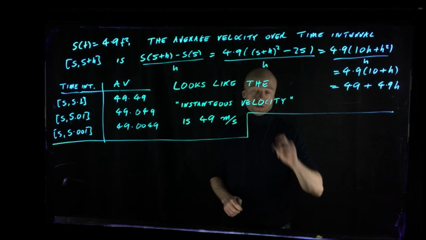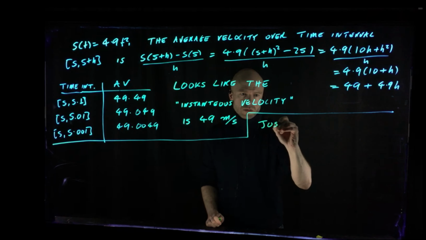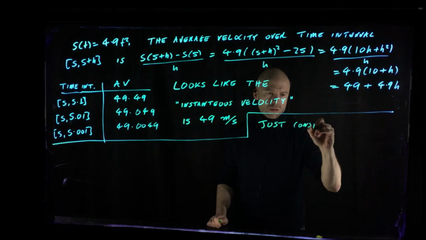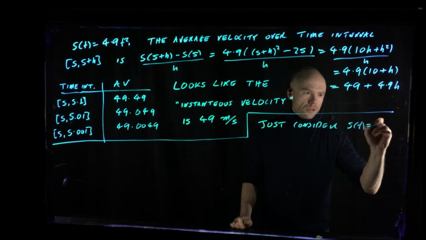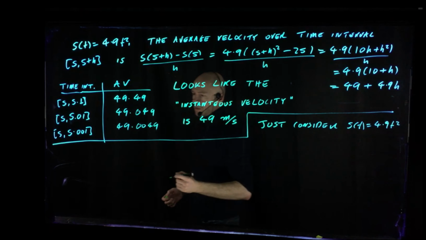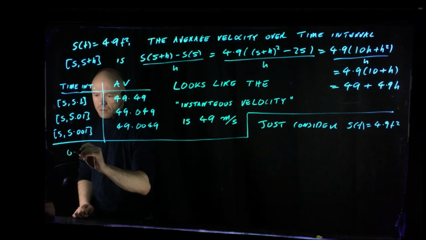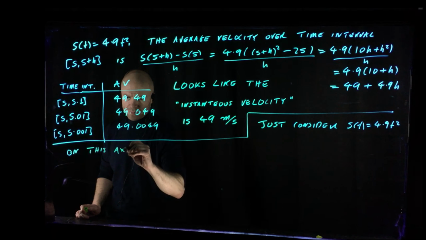Just consider this function s of t, which is 4.9 times t squared, on this axis.